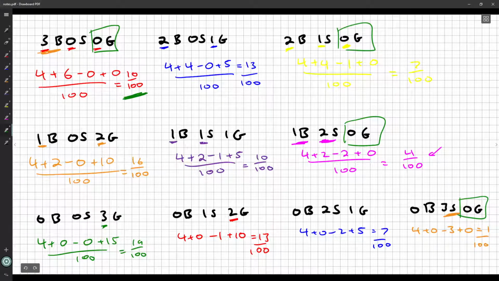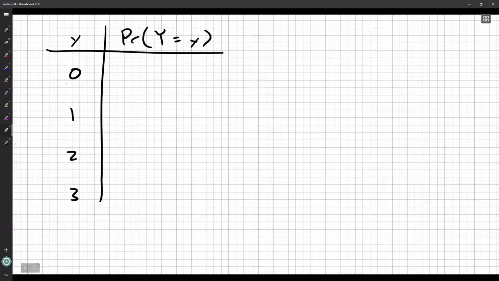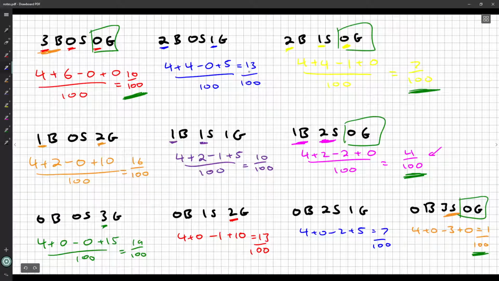So 10 hundredths plus 7 plus 4 plus 1. So 10 plus 7 plus 4 is 21, plus 1 is 22 hundredths. Which, again, we could simplify to 11 fiftieths, but I'm going to want that common denominator in a moment for the expected value calculation.